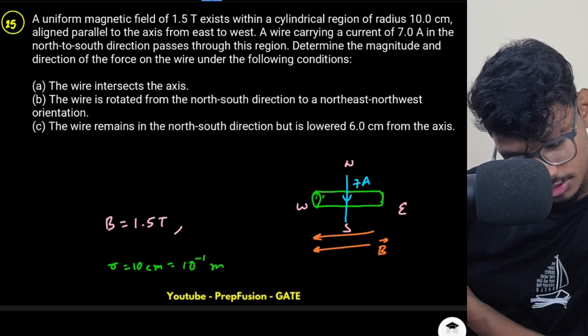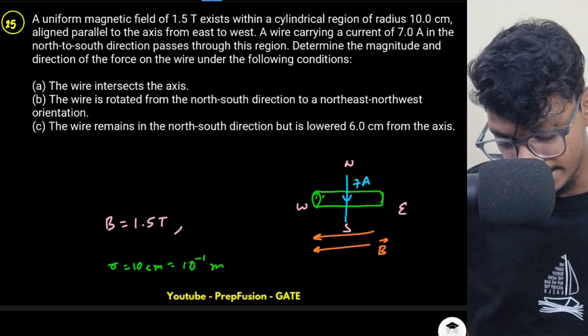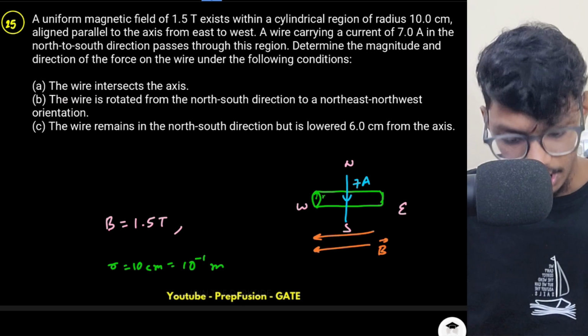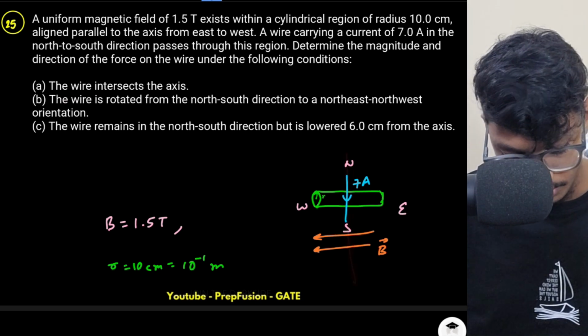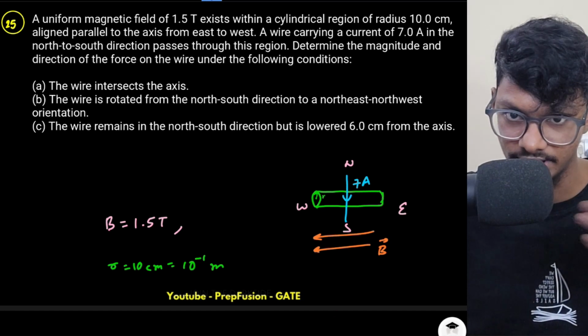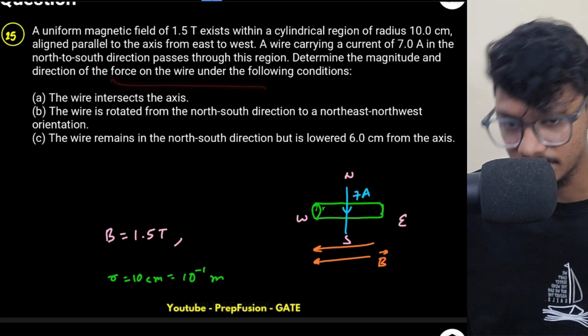The first condition is if the wire intersects the axis. If it intersects the axis, it will totally go through this magnetic field, so the magnetic field will get cut.